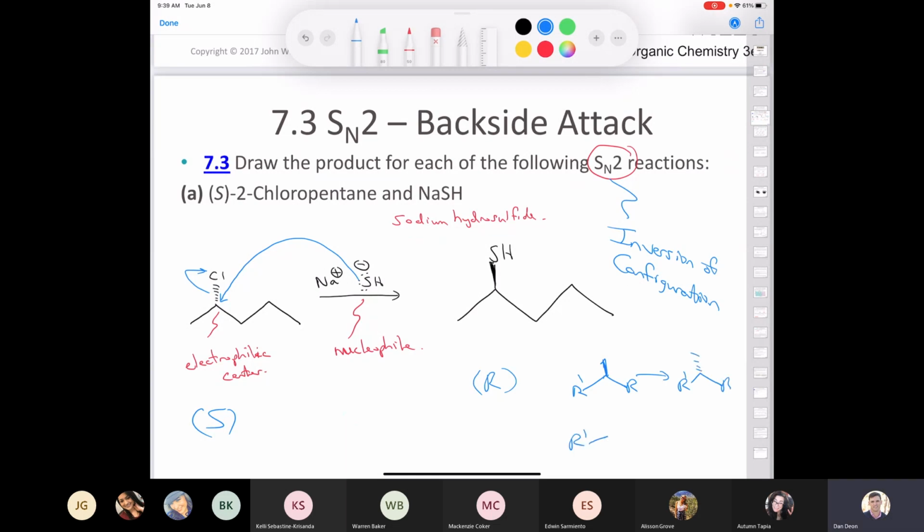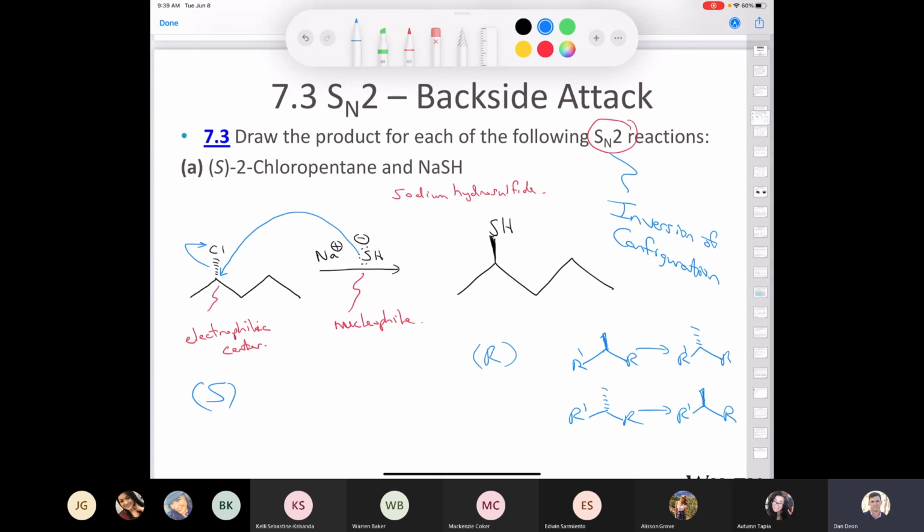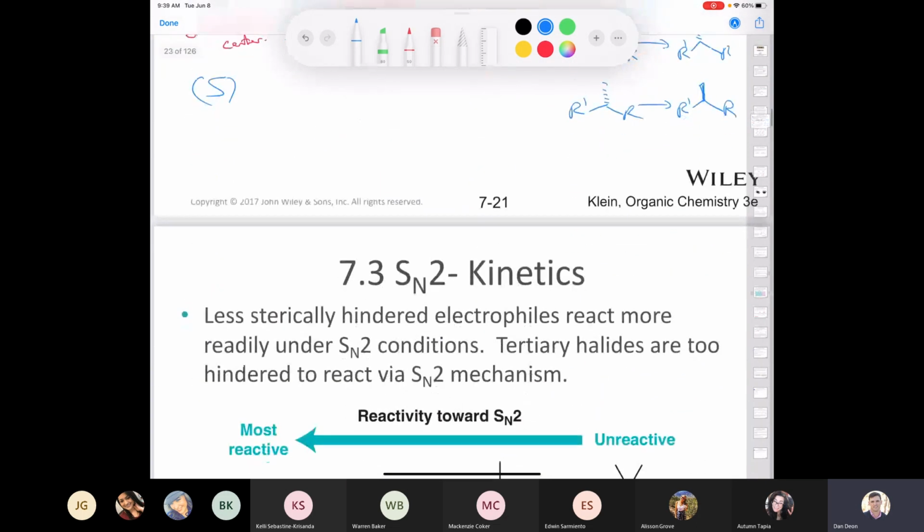And if you had a dash, it would become a wedge. Okay, that's the whole idea behind inversion of configuration. It's like an umbrella flipping in the wind is how we can describe it. The SN2 reaction. There you go. So now you've drawn the mechanism for your first SN2 reaction.